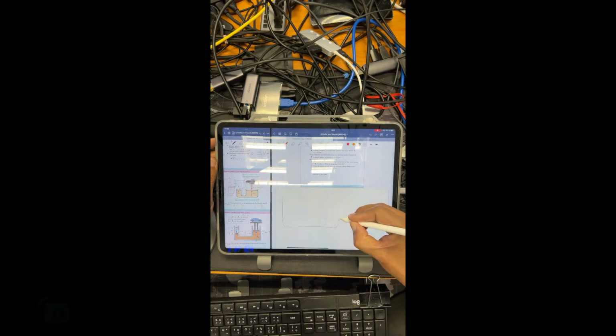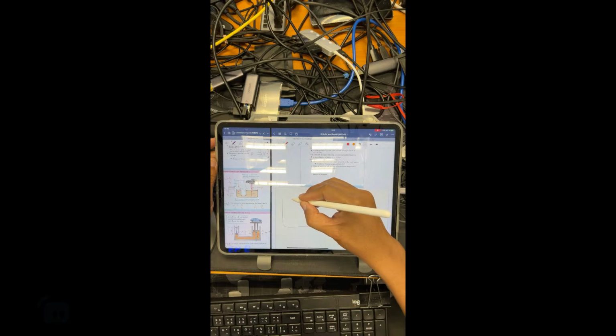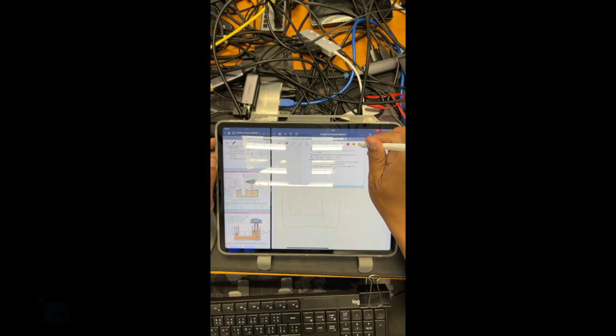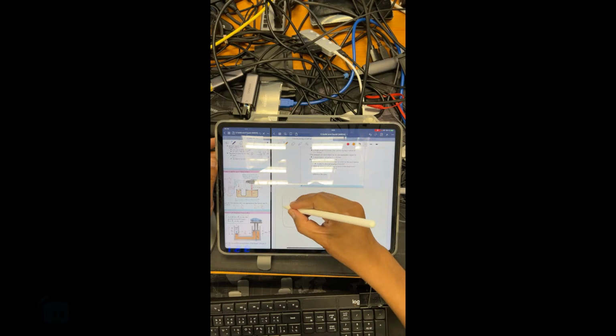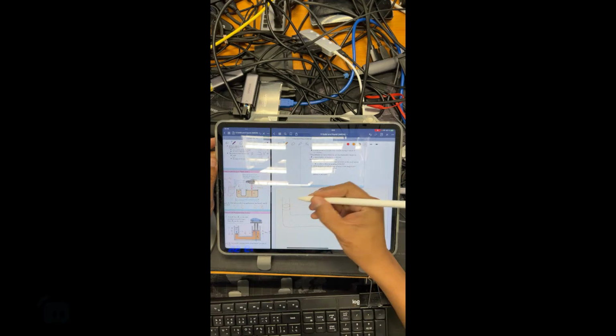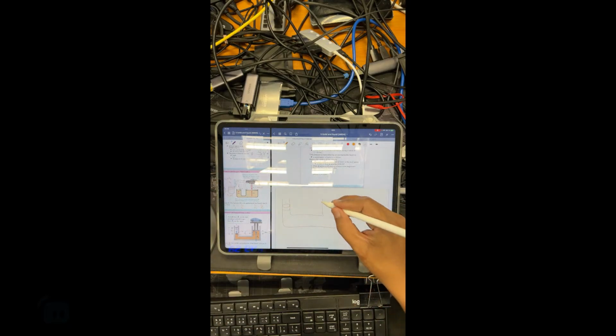You have the whole car lift like that. This side contains a small piston, right? And this one contains a bigger piston, it's gonna move up, right?